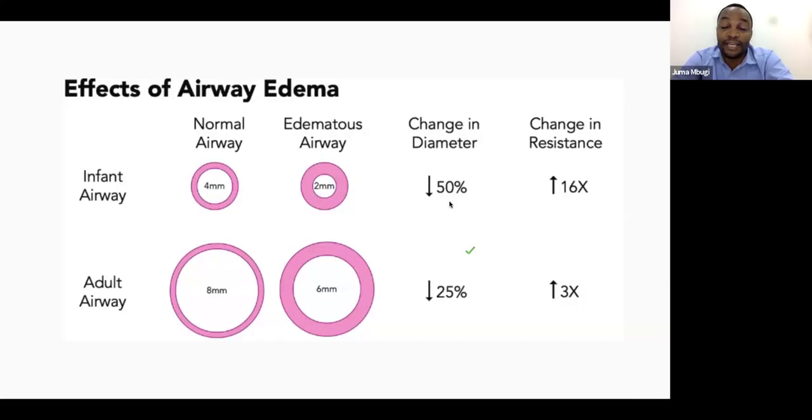The change in diameter in adults can be as little as 25%, with airway resistance about 3 times more than the normal airway.